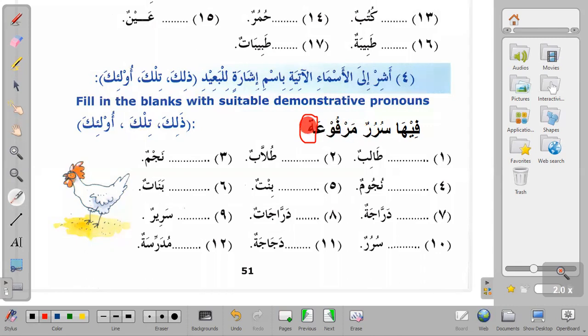So this ta marbuta is there because this is jam'u legairi akil, so it acts as if the thing is singular feminine. I hope you understand why the ta marbuta is there. So you say fiha sururun marfu'atun. There is a ta marbuta at the end, but because you are stopping, the ta is not heard in the pronunciation.